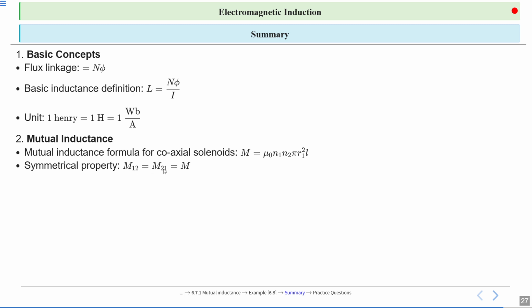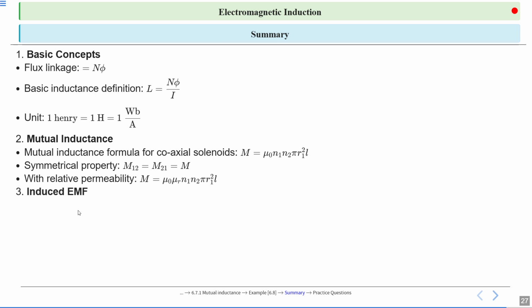We have proved and verified it in the derivation also. With relative permeability, if a material is inserted inside the core of the solenoids, then M will be equal to mu naught mu R N1 N2 pi R1 square L.